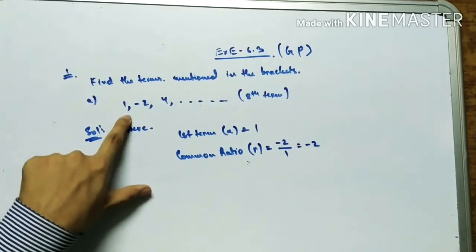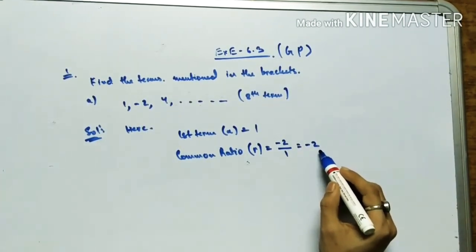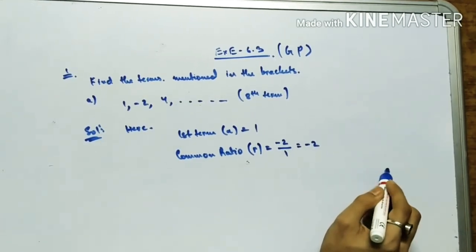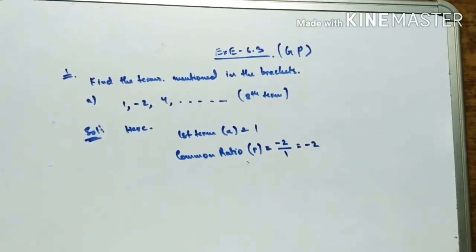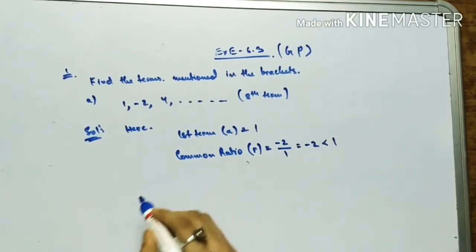Understand? Minus 2 by 1 is equal to minus 2. I will get minus 2 here, which is less than 1.